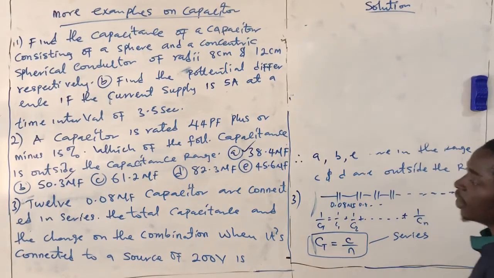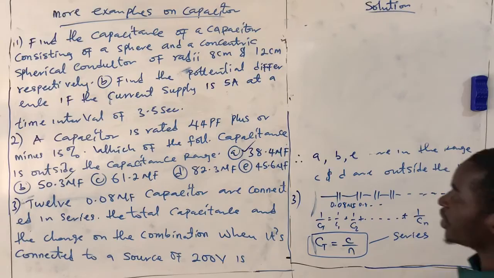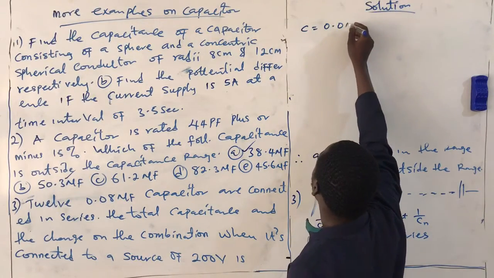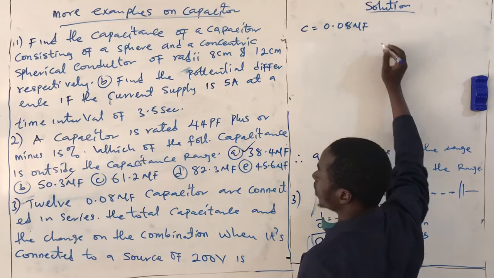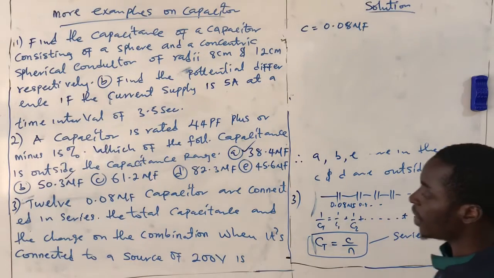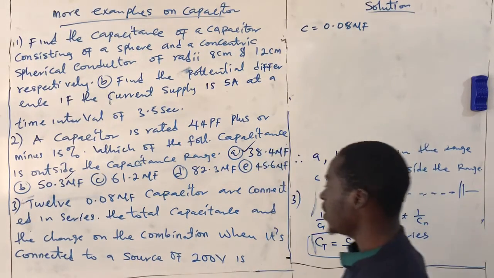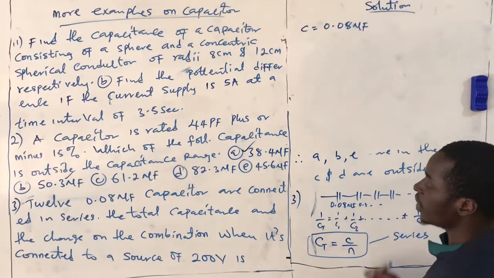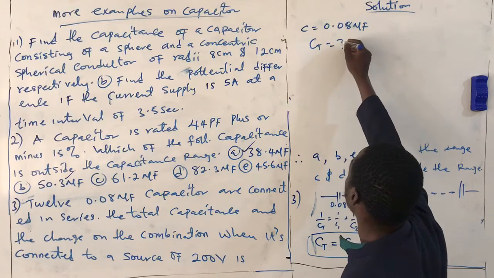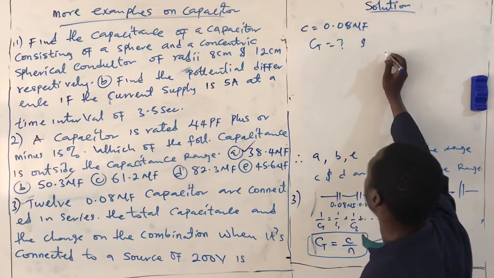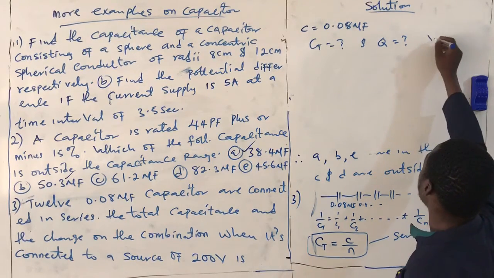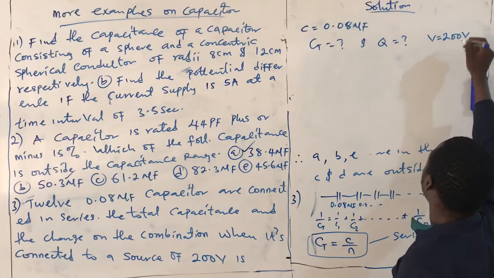Now in the question we have 0.08 microfarad capacitors, which are connected in series. They ask for the total capacitance and the charge on the combination when it is connected to a source of 200 volts.